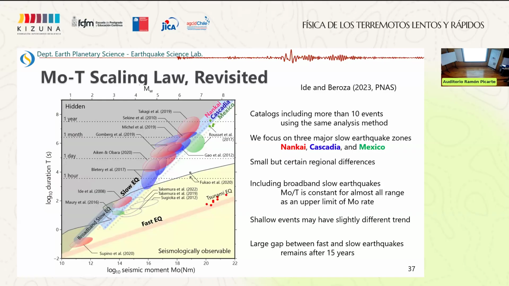So it's written as hidden. In other words, what we can observe as slow earthquake scaling along this line is actually the upper limit, or fastest slow earthquake we can observe. And many phenomena are probably just hidden, escaping from our observation.